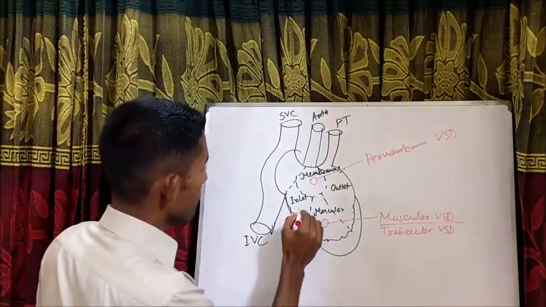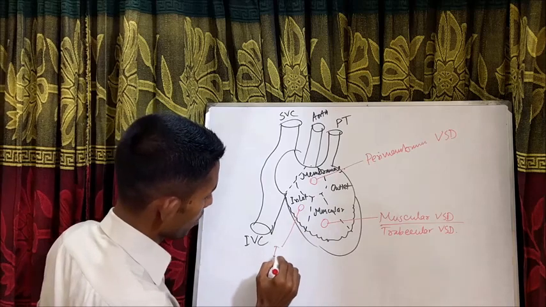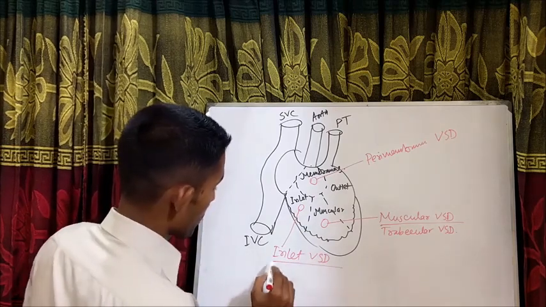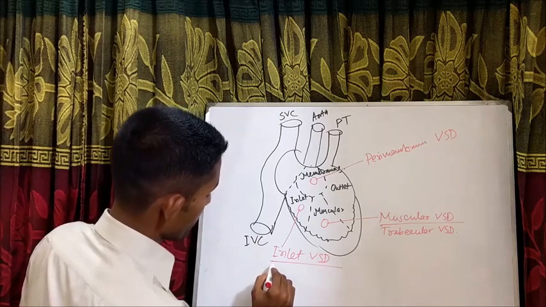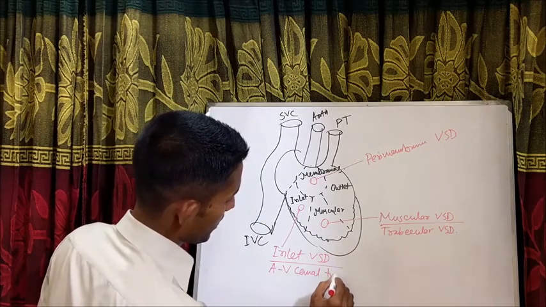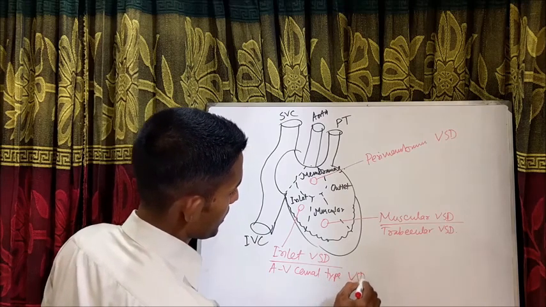And if there is any defect in the inlet part, then it is called inlet VSD, or there is another name for inlet VSD, that is AV canal type VSD.